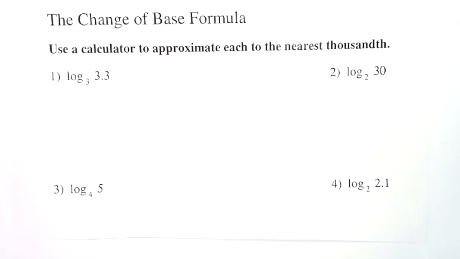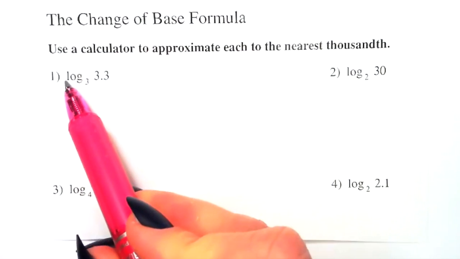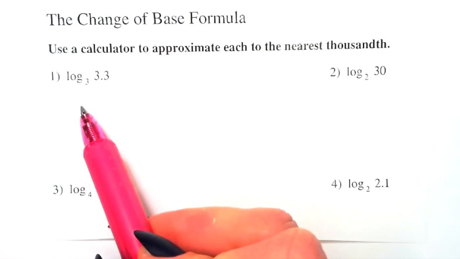Here we have 4 practice problems. These 4 problems are for you to try on your own with your calculator. I've shown you in the past, in other lessons, in this unit, how to use your iPhone calculator. If that's what you're defaulting to, it is very different than using a regular calculator, so I definitely don't recommend it.